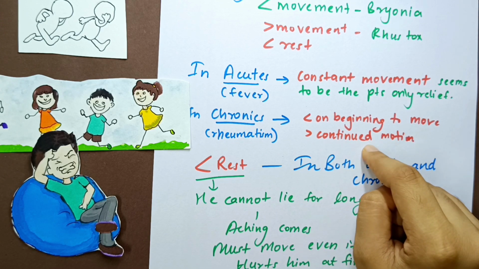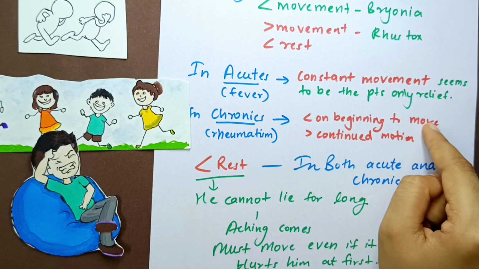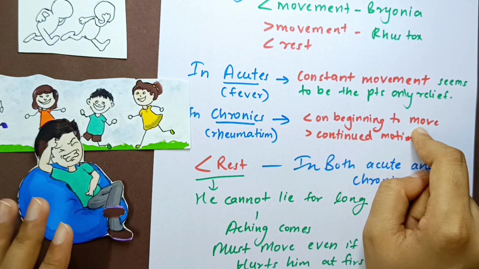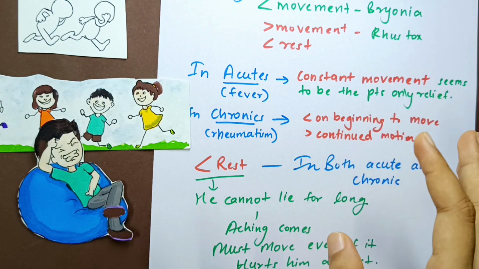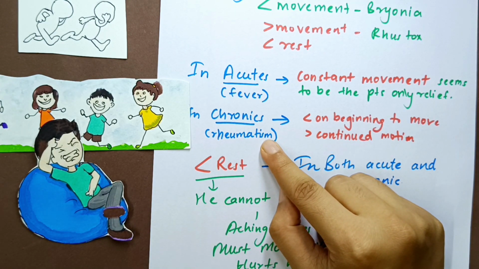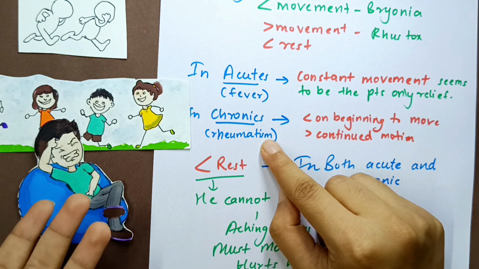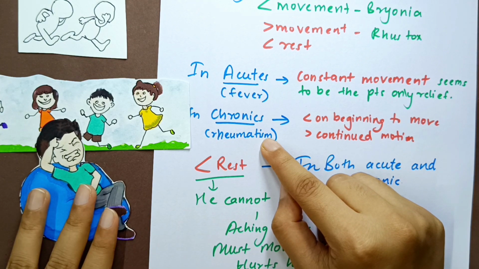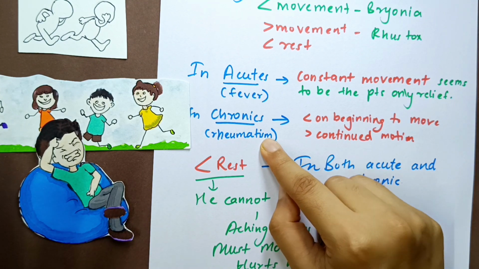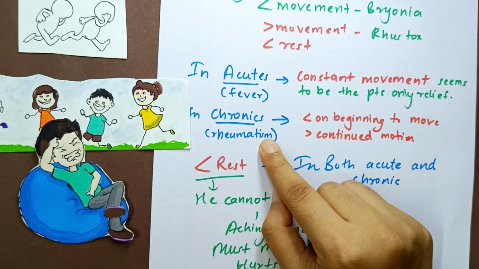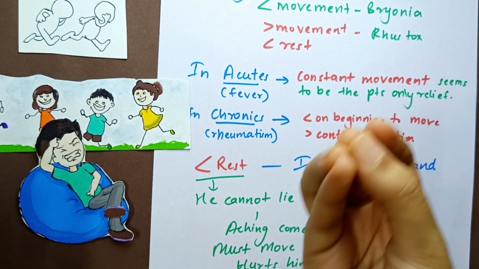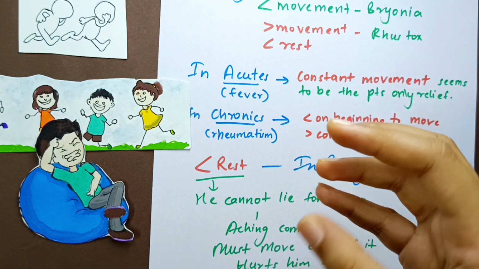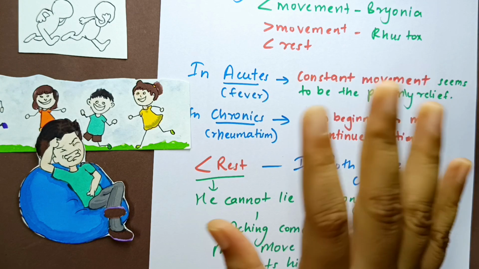So now what does this mean? Aggravation on beginning to move means what? Suppose this patient is resting over here, and he has all those pains here and there. Maybe if we take a patient of rheumatism, he has some joint pains, pain in his knee as he is resting. So he thinks that no, this is not good, I want to move, because he has this internal uneasiness along with this aching pain in his knee, and only then I will feel better.